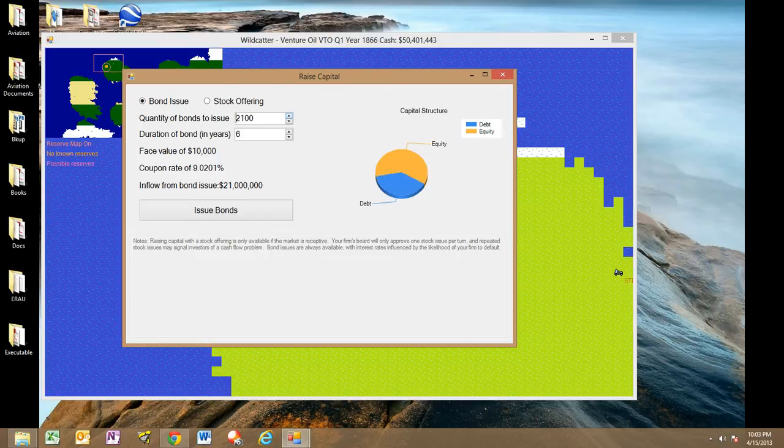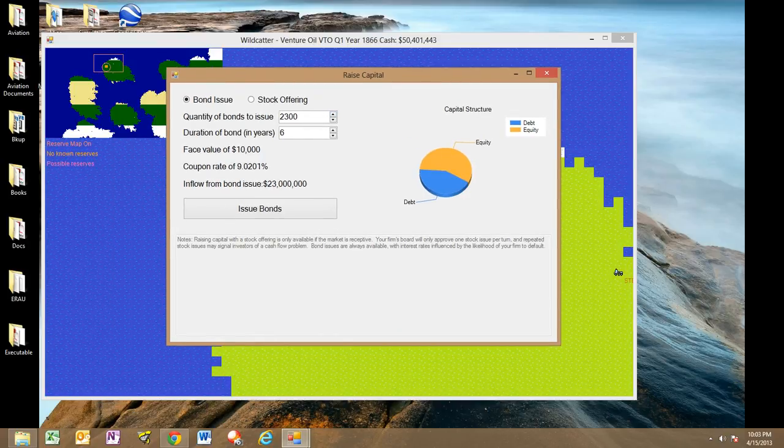Okay, so our coupon rate right now is 9%. Investors are willing to pay 9% for our bonds.